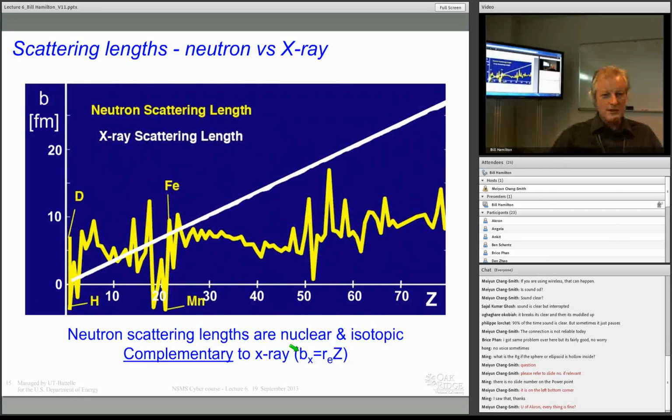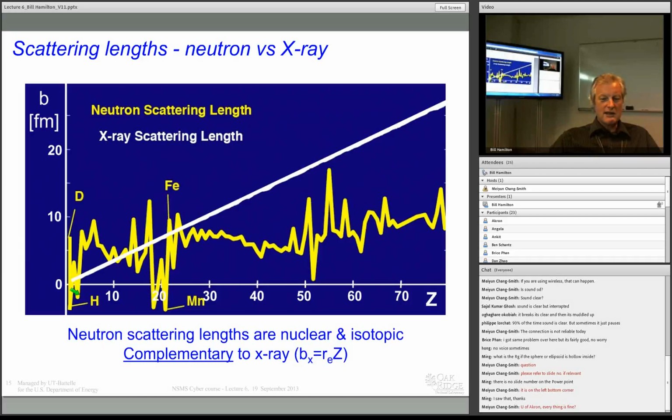The other reason is our number one trick, which is scattering length density, particularly for soft matter. Scattering lengths for X-rays, which are basically the classical radius of the electron times the atomic number of the atom, are pretty low for most biological materials down here with low Z, but essentially they're all over the place for neutrons.